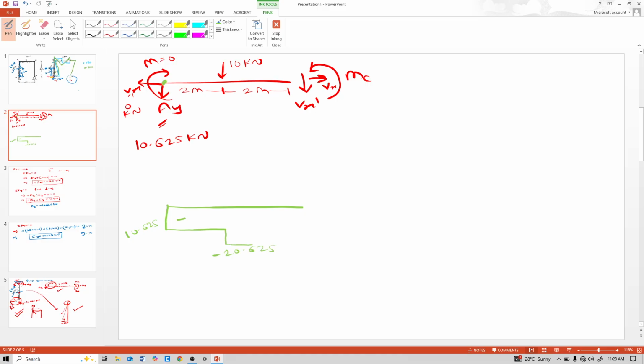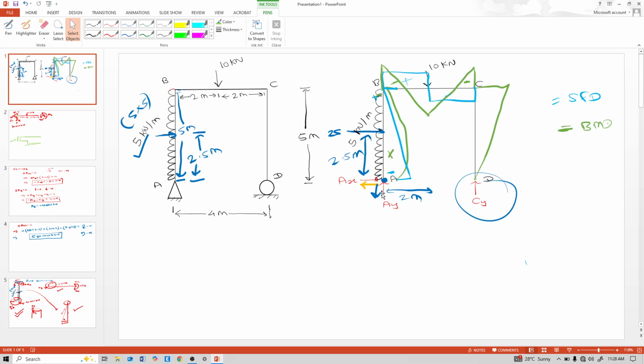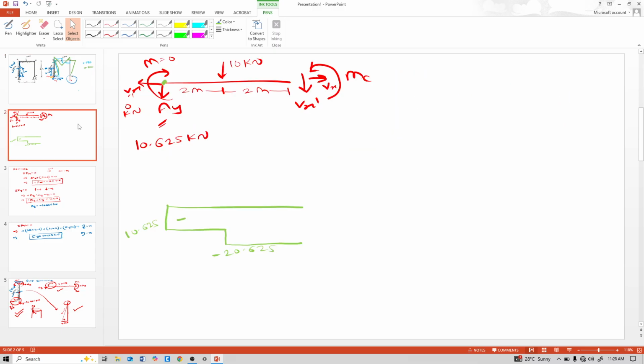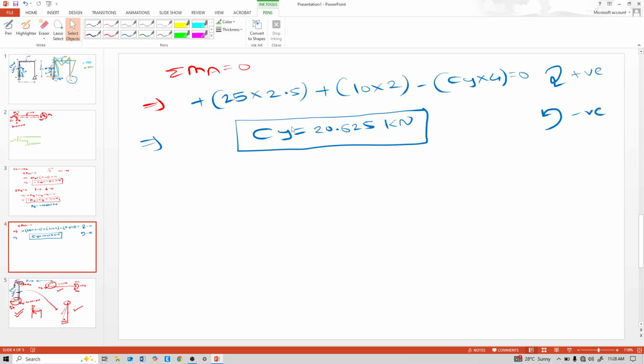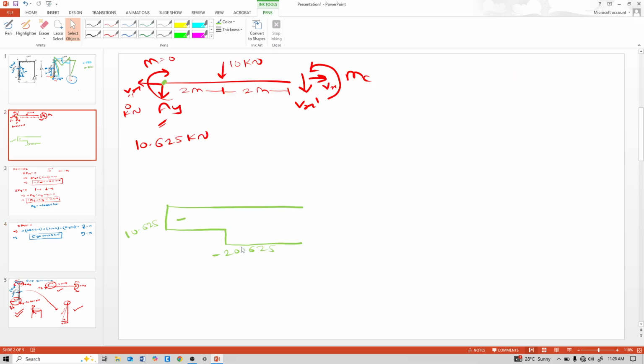So again no load in between. And see here, this CY reaction is upward. For that BC beam, I will tell you this also. Just consider this CY reaction value is 20.625 kilonewton. So here, see, 20.625.